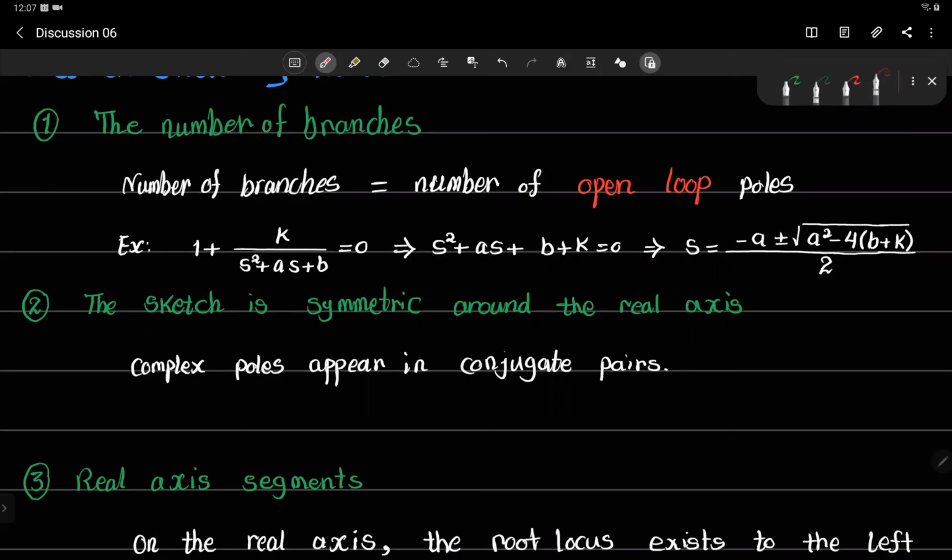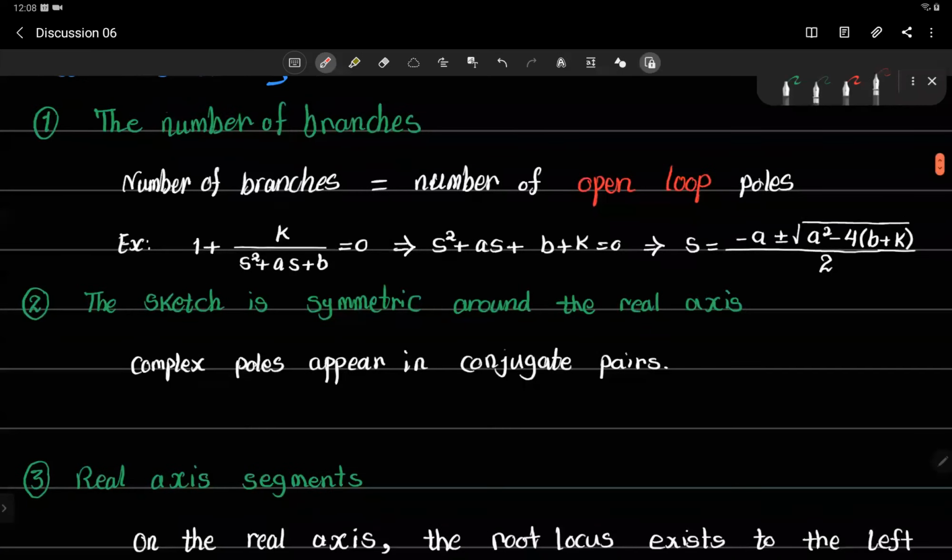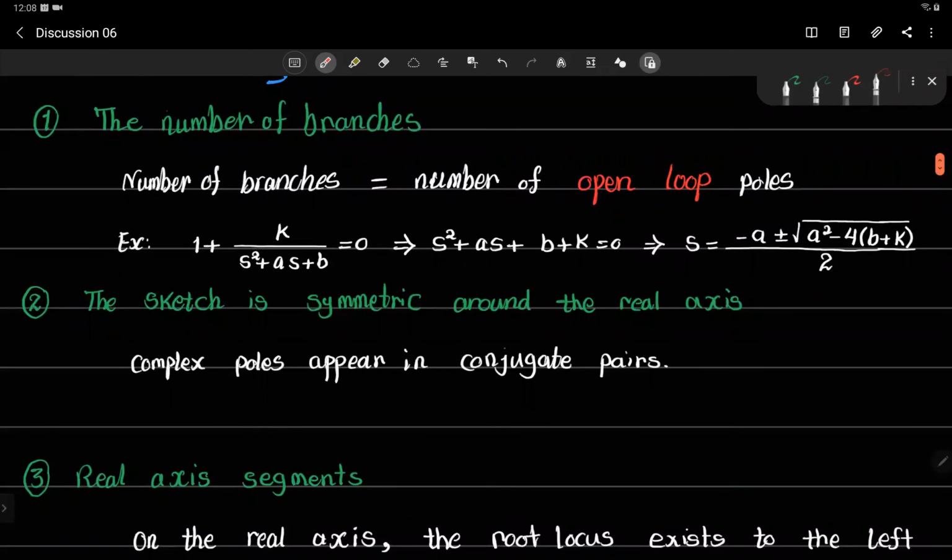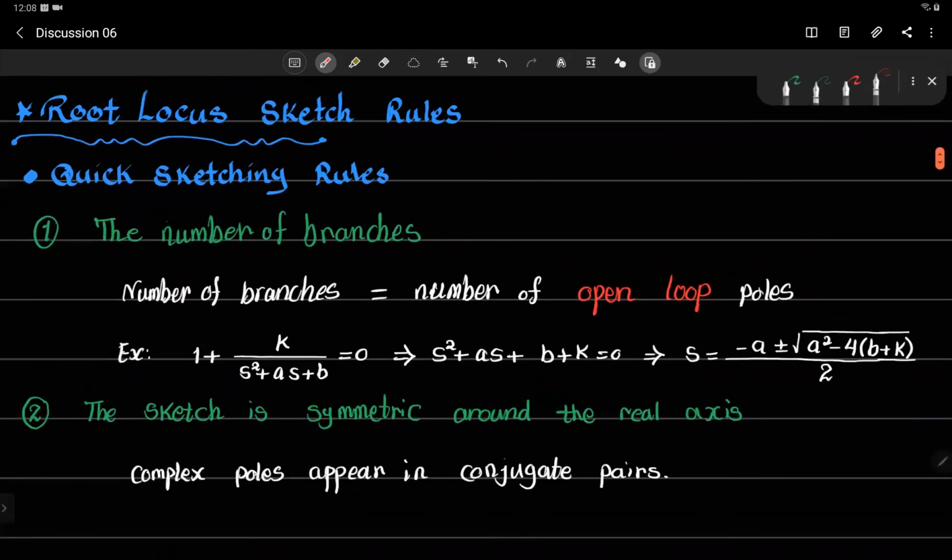So the poles will be given by the quadratic formula. And we can see that as we change k, we can only have two poles for this characteristic equation, right? So the poles will change according to k, and we will have two branches. One of them will be with the positive sign, and the other with the negative sign, okay? So this is the total number of branches of the root locus.